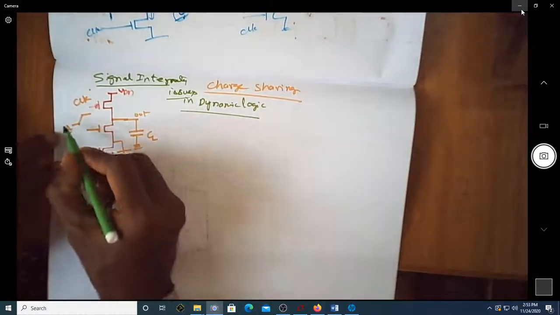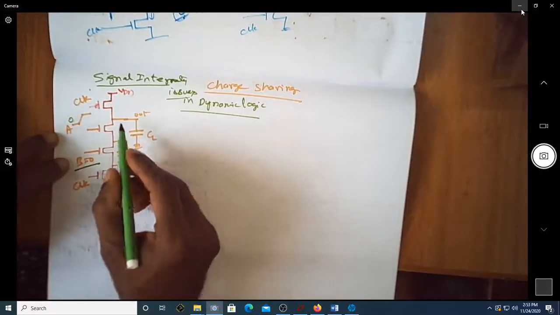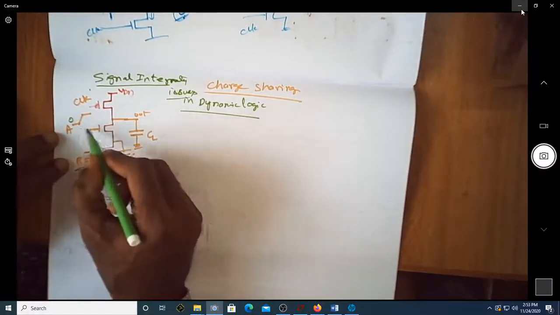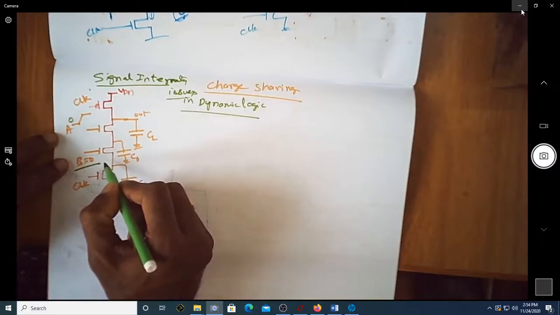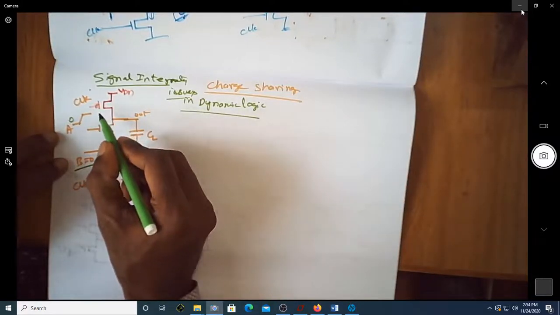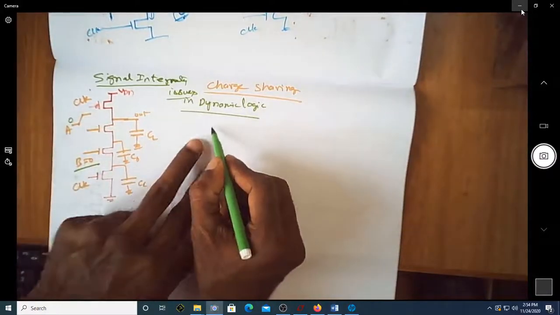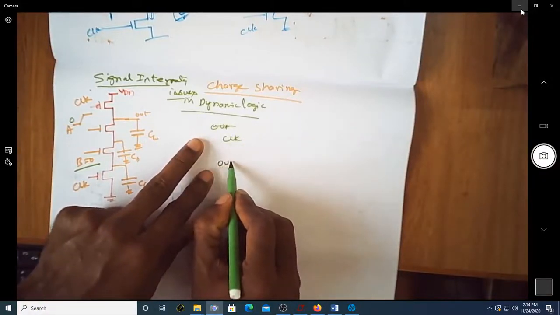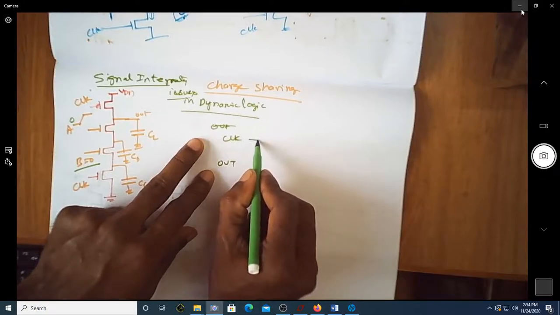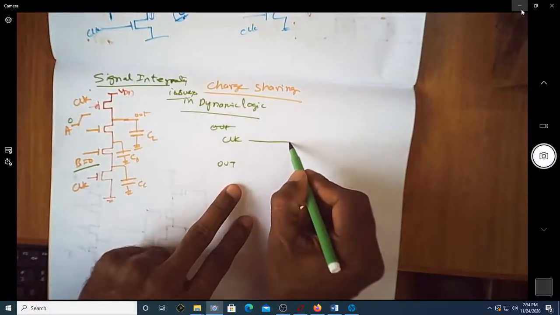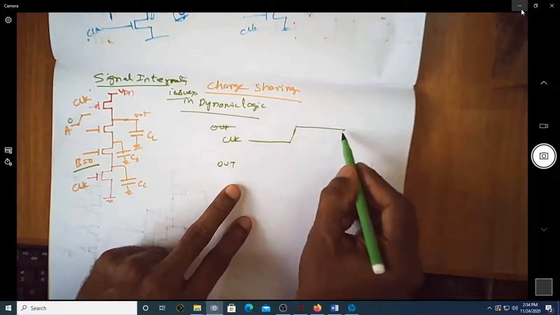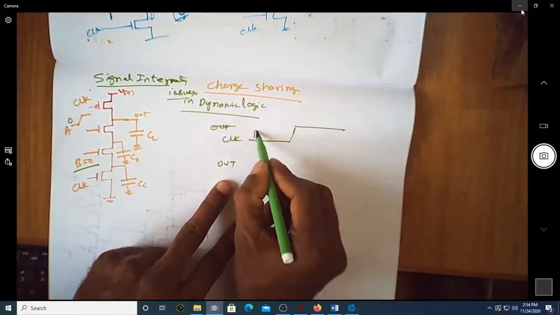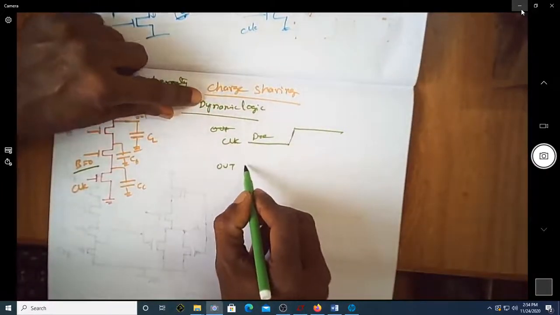As long as this is 0, the output will be, because both the transistors are off. So during the pre-charge period, suppose I say this is the clock and this is out. As long as the clock is 0, that is pre-charge mode, the output will be high here.